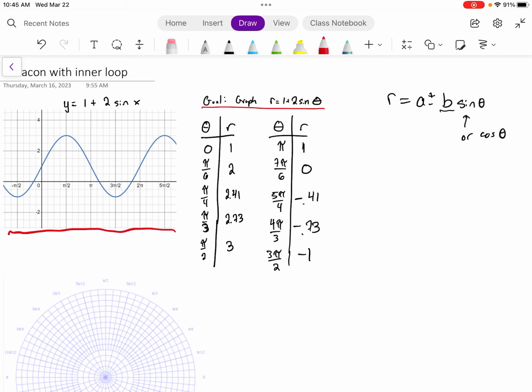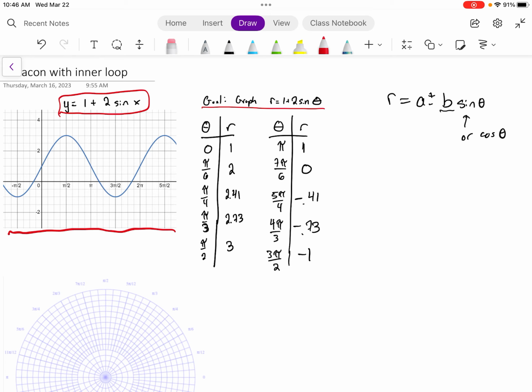let's talk briefly about this function up here, 1 plus 2 sine x. And let's think just very briefly about the fact that we haven't changed the period. The period is still 2 pi. That's going to hold constant for these types of graphs we're going to study here.